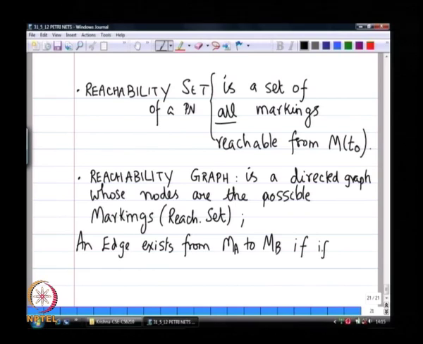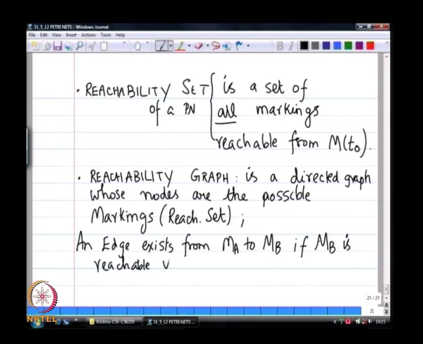So from MA I can go to MB if there is one transition that will take me from one to the other, right.